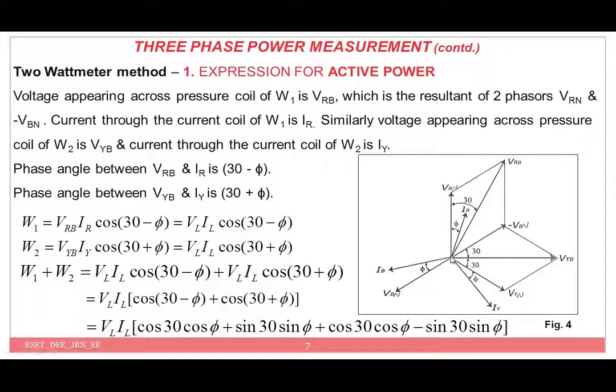Angle around a point is 360. So these 3 represent the phase voltages, and VRB, VYB represent the line voltages.